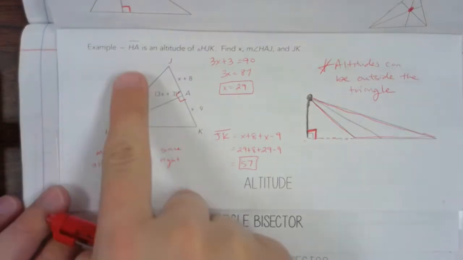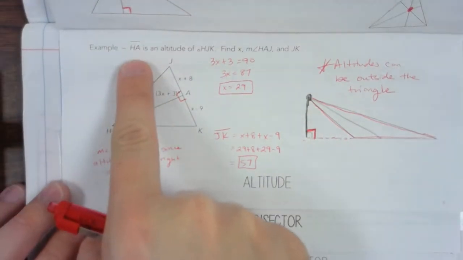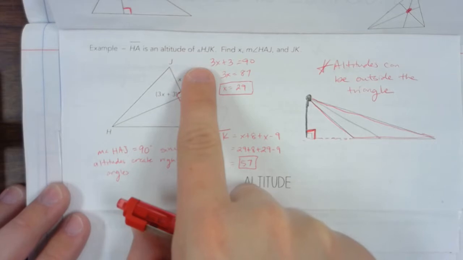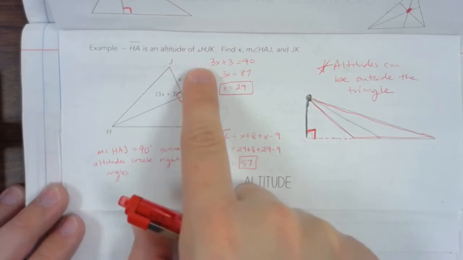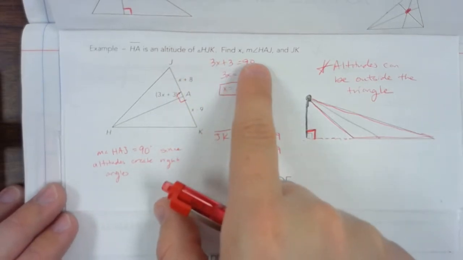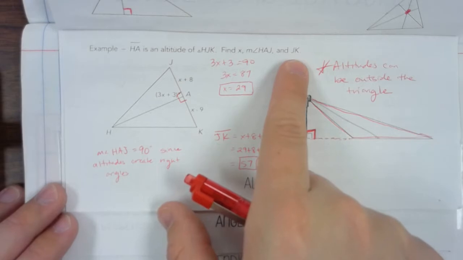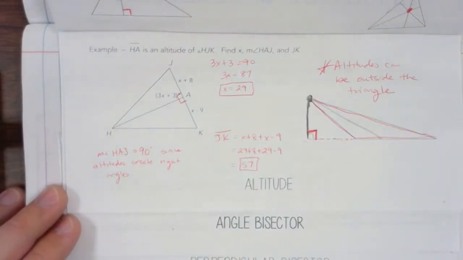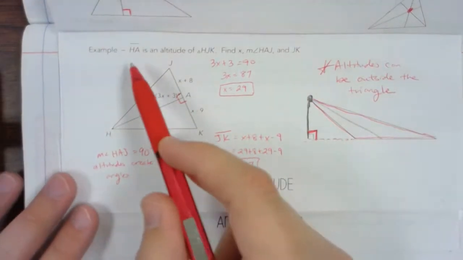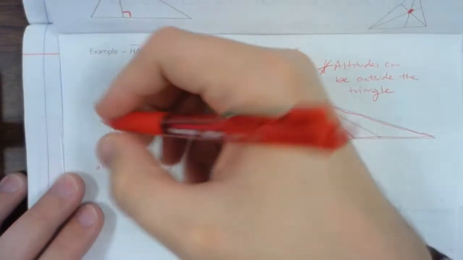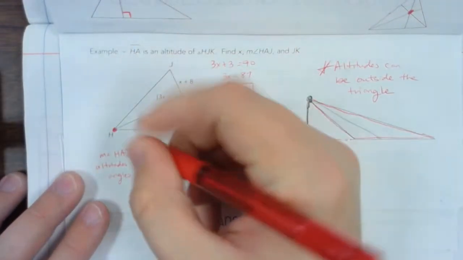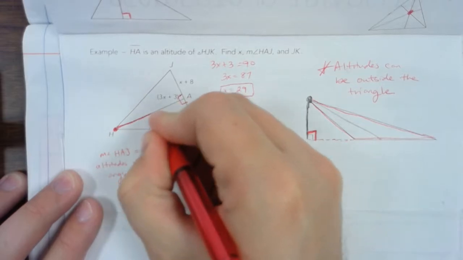Okay, so in this example, we're told that segment HA is an altitude of triangle HJK. We need to find x, the measure of angle HAJ, and the length of segment JK. So if we look, HA is an altitude, so HA is this line right here.